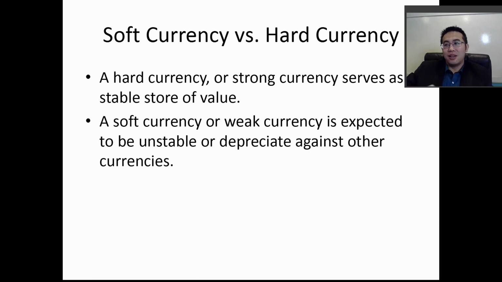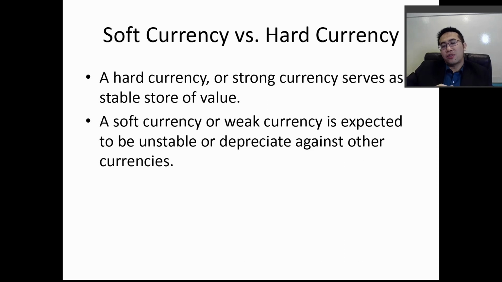QE is another word for printing money. The difference is it's electronic money. It's not really paper money. Okay, although the Central Bank of the U.S. has been printing money on and on for the past 8 years or so, the dollar value did not decline against all major currencies.